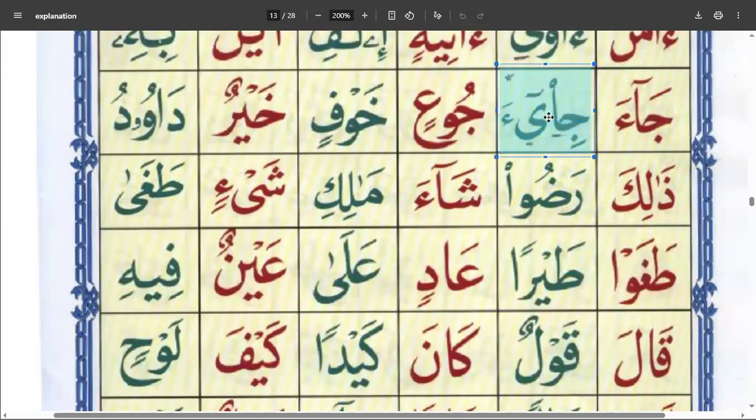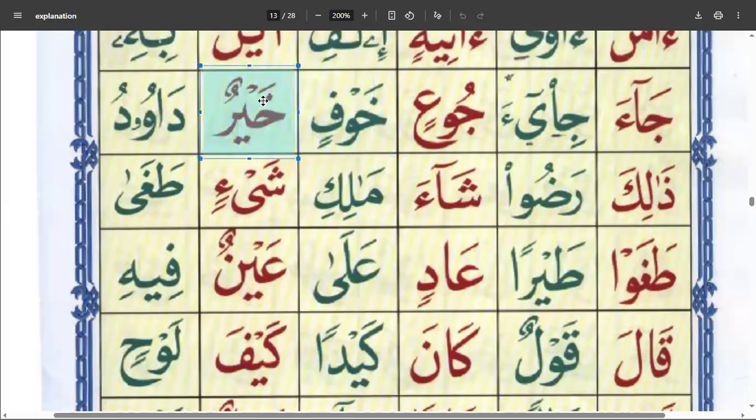Now the third one. It's a normal jim wow dhamma, ju, and the ain kasratain, ju'in. Next one, kha wow fatha, khaw. It's a wow leen, and then fa kasratain, khawfin.